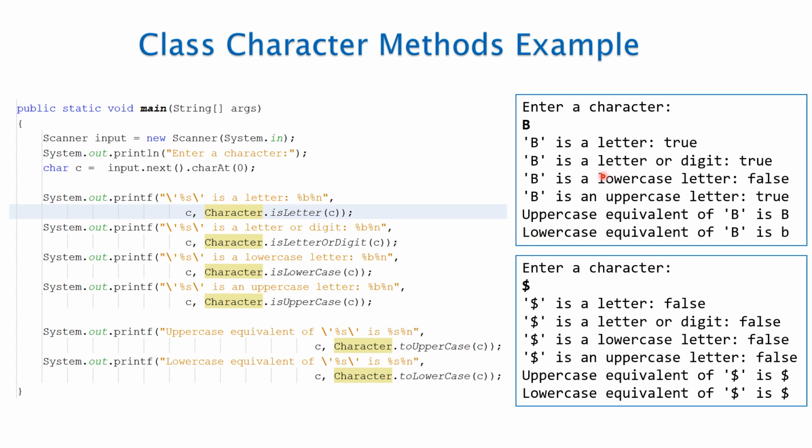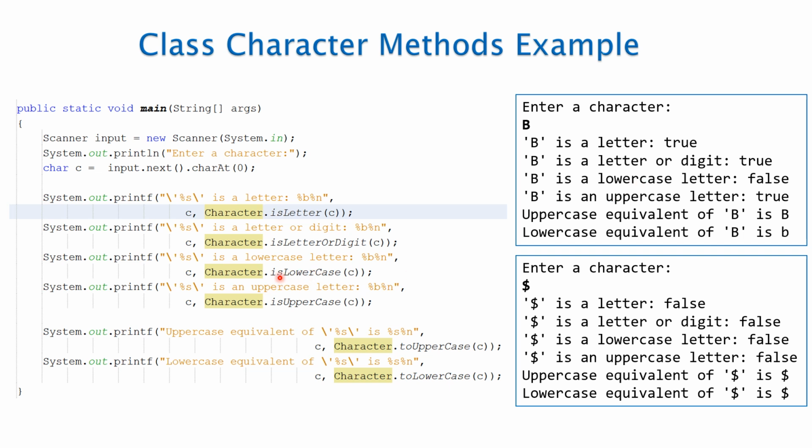In the first sample run, the user enters the character capital B, so the method call isLetter of C returns true, and the method call isLetterOrDigit of C also returns the value true.